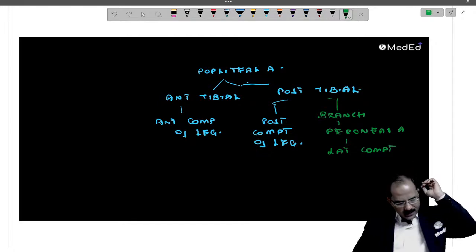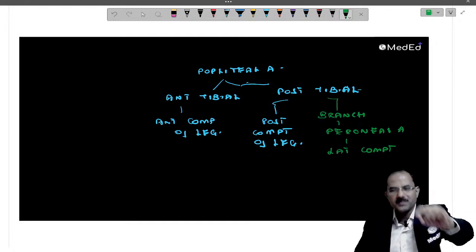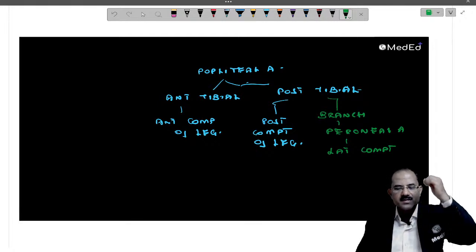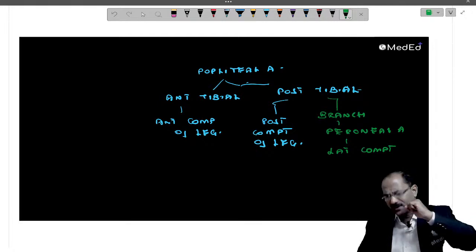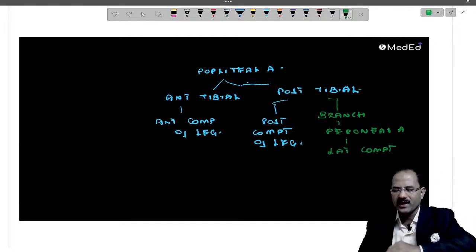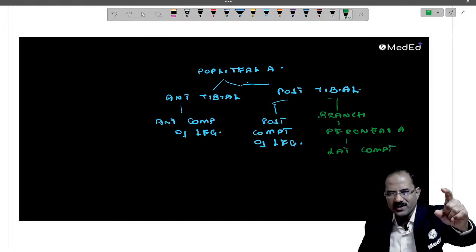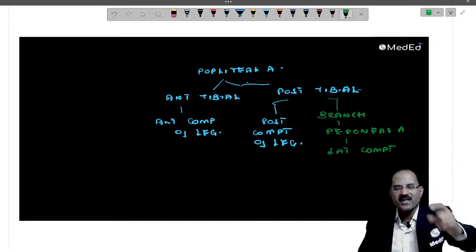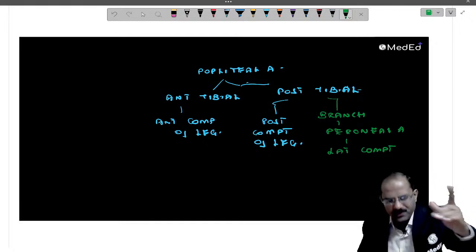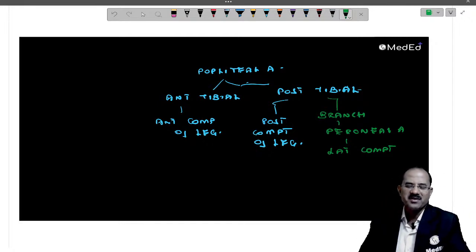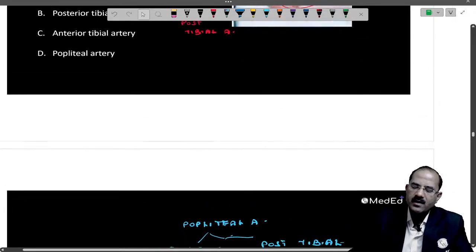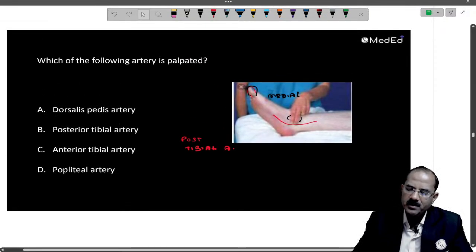So which is the artery in the anterior compartment of the leg, bachcho? Anterior tibial. Which is the artery in the posterior compartment of the leg, students? Posterior tibial. And which is the artery in the lateral compartment of the leg? That's the peroneal artery. And this peroneal artery is a branch of posterior tibial artery. A very, very important MCQ for you. So which is this artery which is palpated behind the medial malleolus?